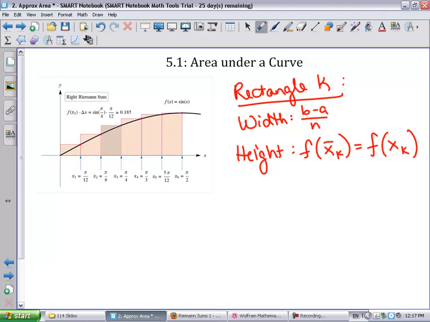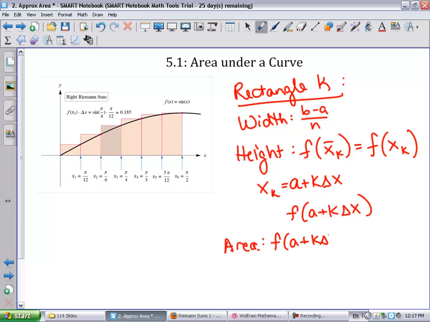And we actually have a formula for the grid points, right? Remember we said x sub k is a plus k delta x. So our height is f of a plus k delta x. So the area for rectangle k is the height, f of a plus k delta x, times the width, which is just delta x.